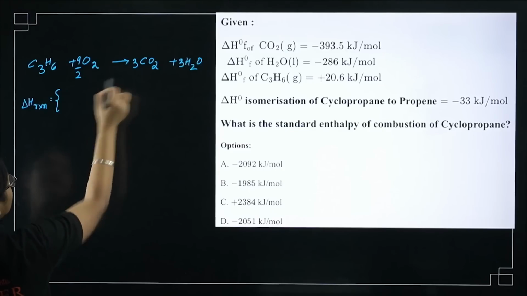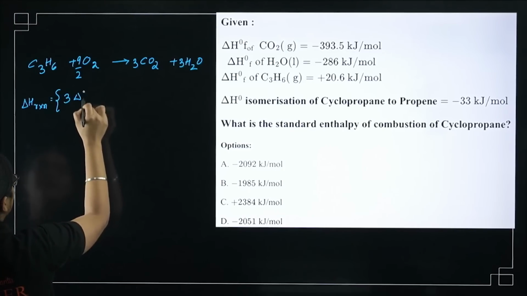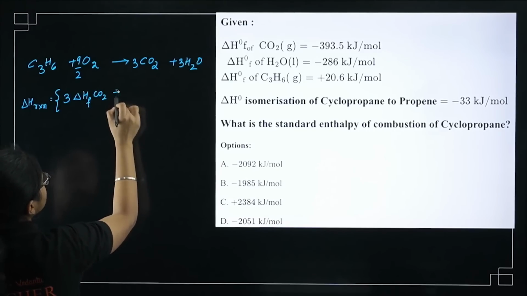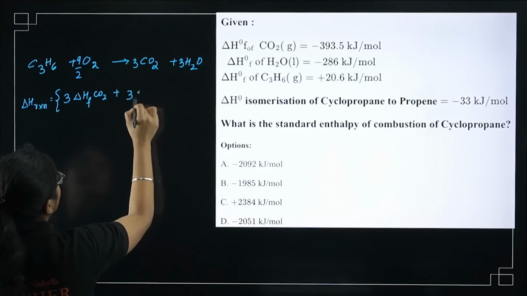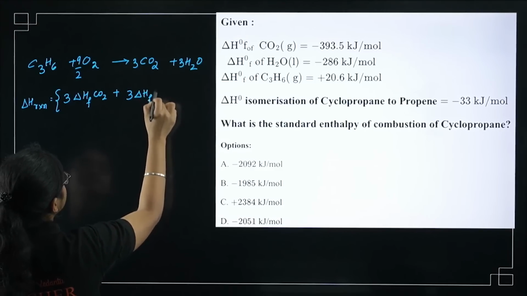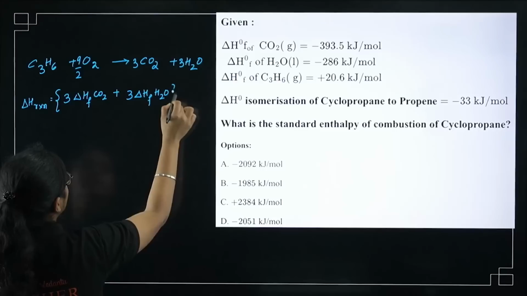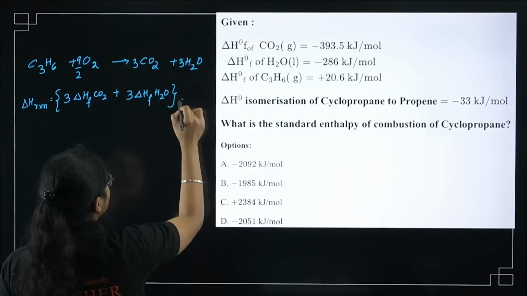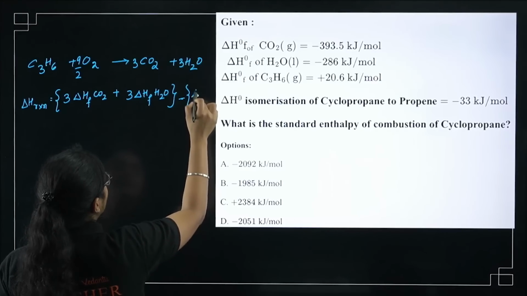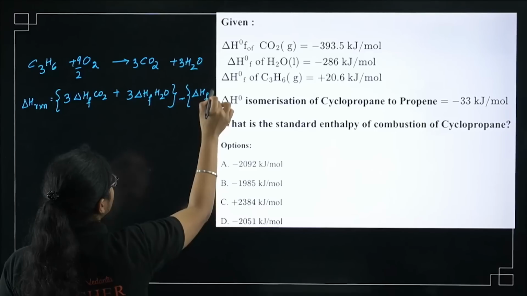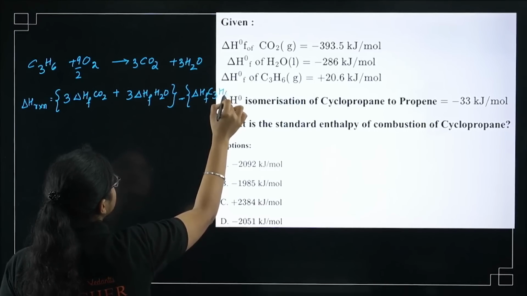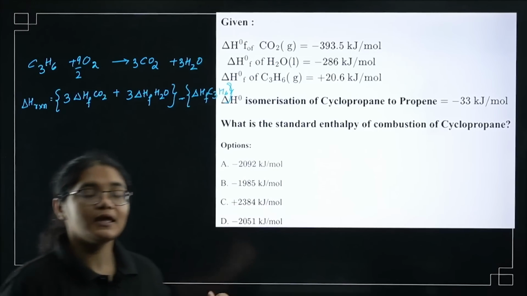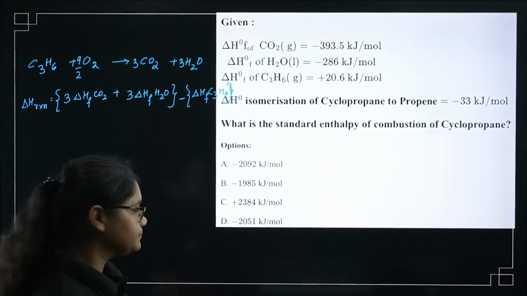So I will have 3 times the enthalpy of formation of CO2 plus 3 times the enthalpy of formation of water, minus the enthalpy of formation of C3H6, which is cyclopropane here. It is not propene, it is cyclopropane.